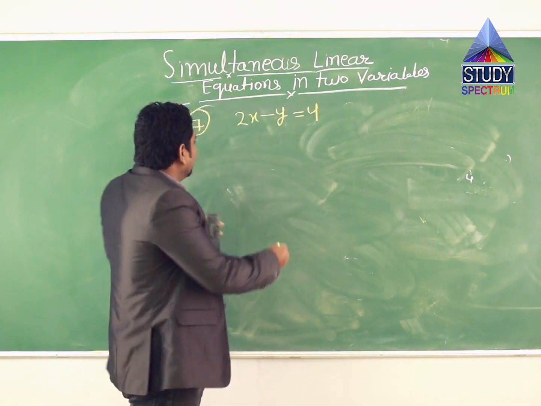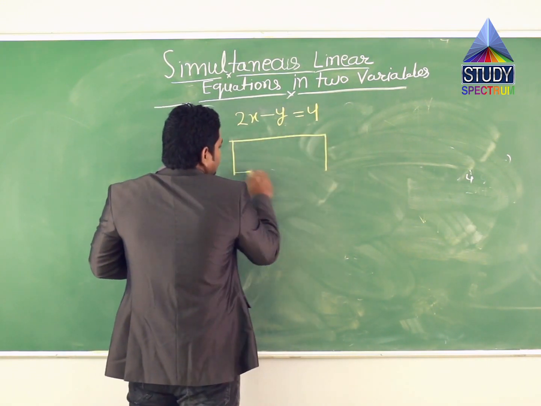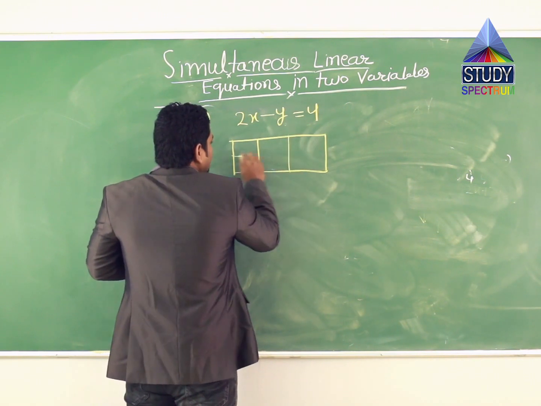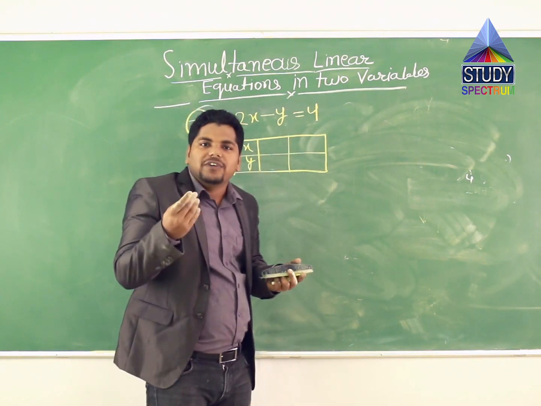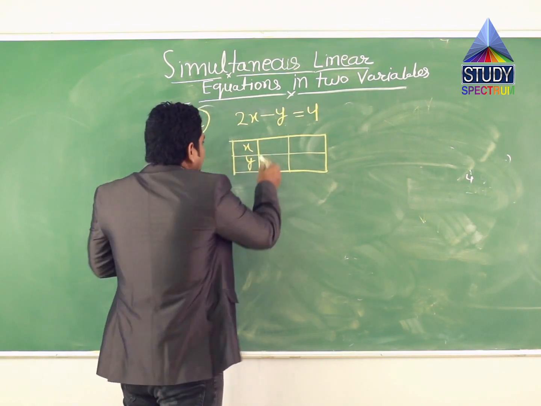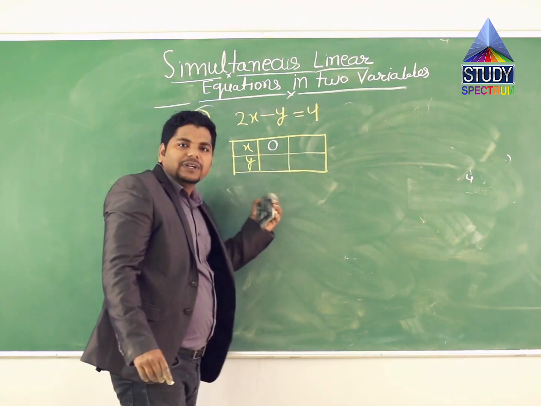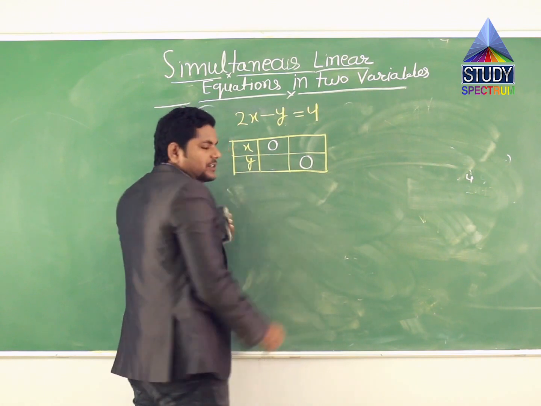Now again we'll make a table, x, y. For getting the first point we'll put x equal to 0, and for getting the other point we'll put y equal to 0.